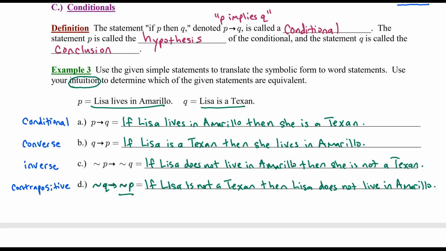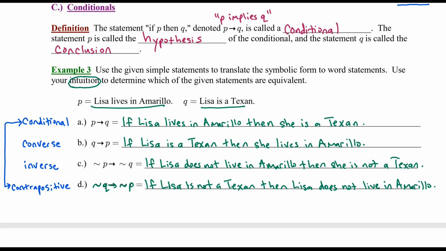Now, a conditional and its contrapositive are equivalent. So notice what happens. Here in the conditional, I start with P and I end with Q. In the contrapositive, notice the order of those statements has been reversed and each statement has been negated. A conditional is equivalent to its contrapositive.